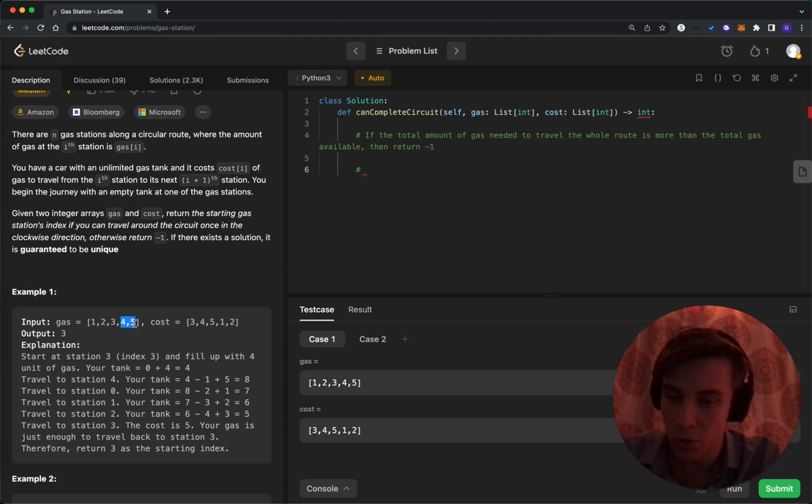Now, how do I choose between these two? If I'm thinking of the net gas analogy, then it would make sense for me to start at the beginning of the runway to get the most amount of gas so that I can survive this fall, essentially.